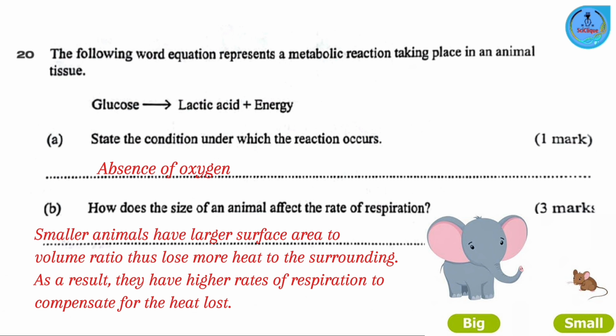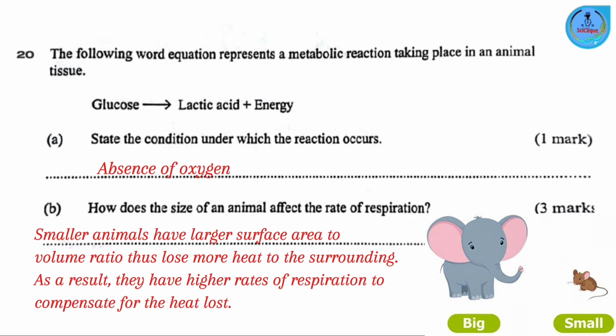Now, when animals are smaller, they tend to have a higher surface area to volume ratio. So this means that they lose more heat to their surrounding. Okay? So the smaller animal loses more heat to the surrounding. So that means that they need to replace the heat that they are continuously losing by producing more. They lose more, they produce more. Are you seeing that? So they end up having higher rates of respiration in order to compensate for the heat that they are losing.